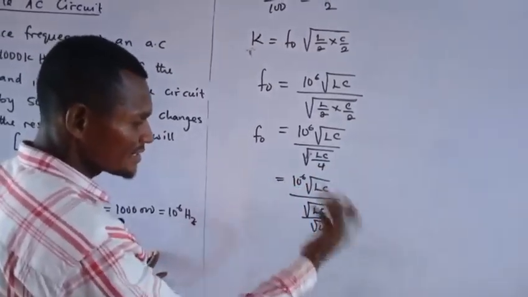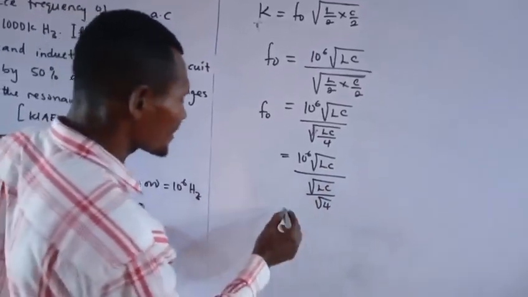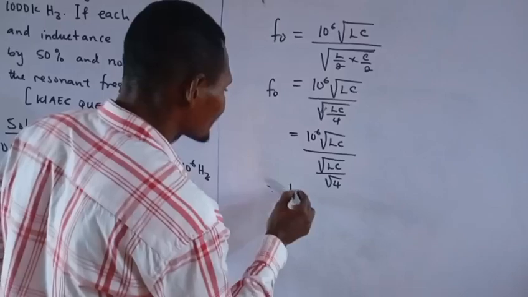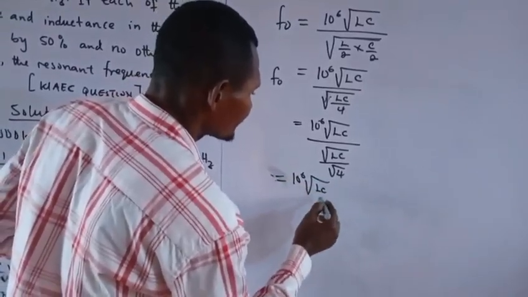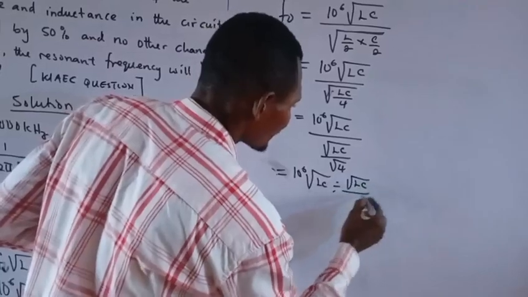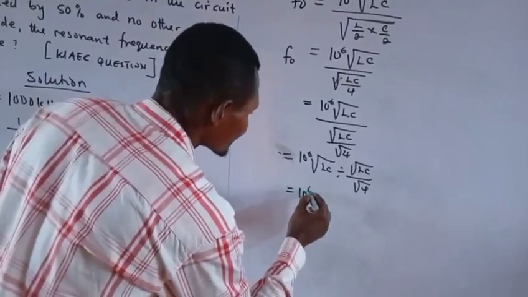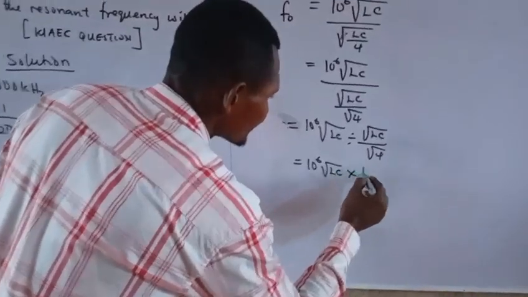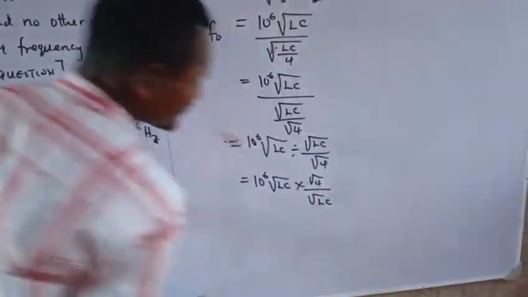When you write it in division sign and introduce the multiplication sign, this will go up. Now, this can be written as 10 raised to the power 6, the square root of LC times root 4 over the square root of LC.